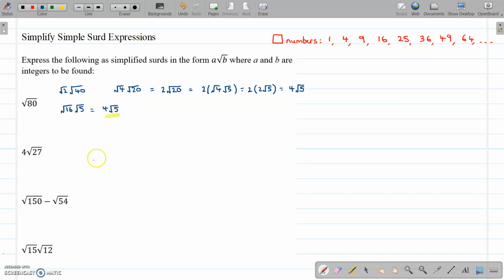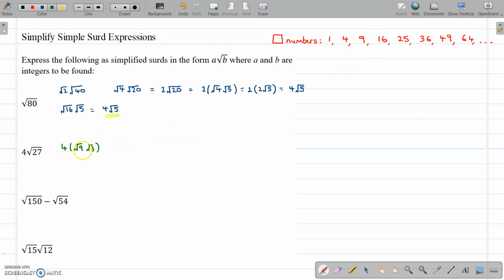The second one is 4 root 27. Leave the 4 alone and look at the root 27. Notice that root 27 is the same as root 9 times root 3. So this one is equal to 4 times, in brackets, root 9 root 3. Root 9, because 9 is one of our square numbers, is 3.